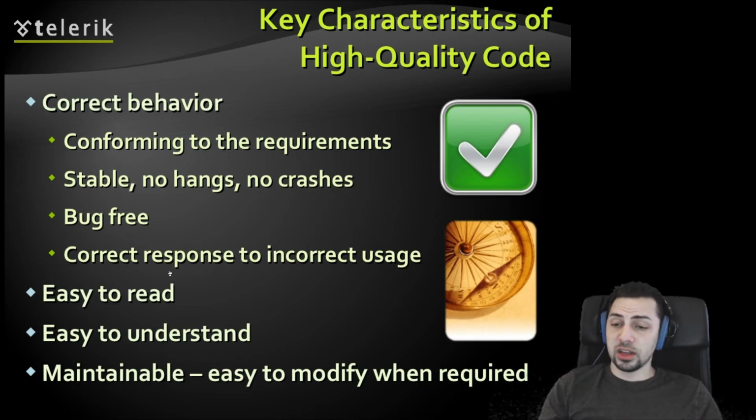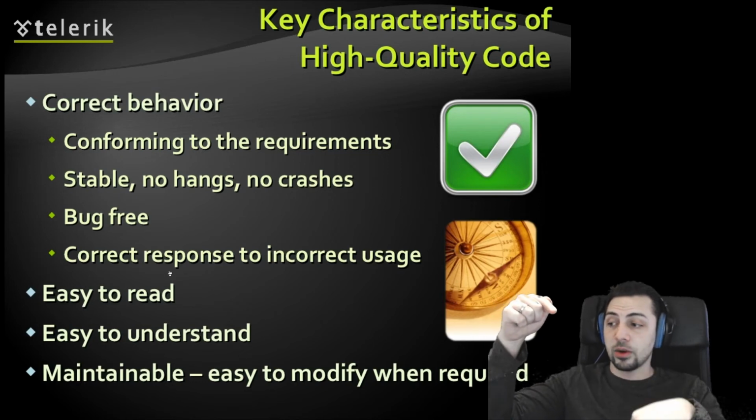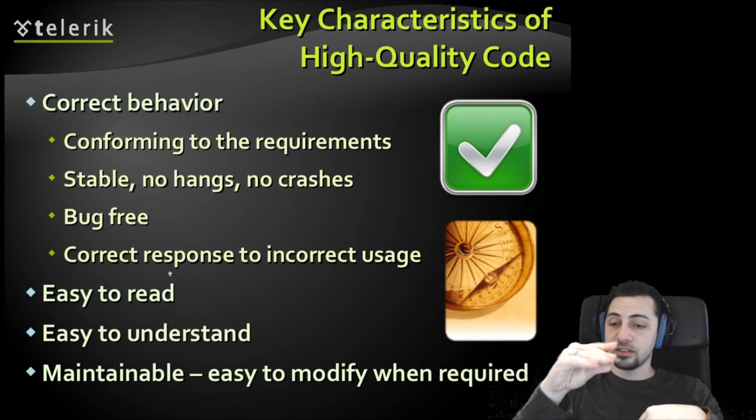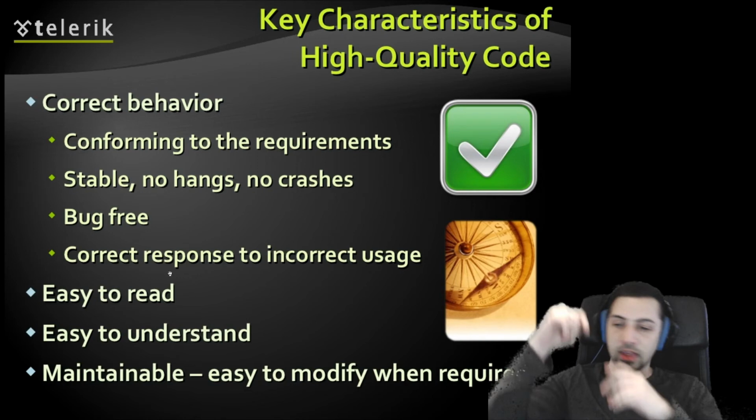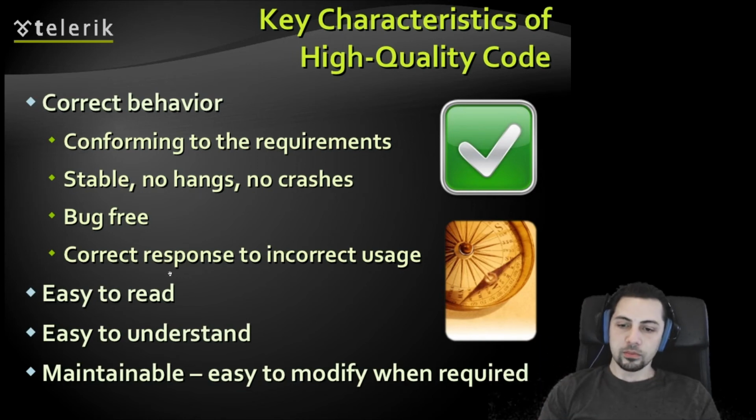So you can ensure that it's stable going in, stable going out. Even if something bad happens in the middle, you recover from it right there. And I've been pushing that all semester long, right? What's my favorite integer? In the chat. My favorite integer is testing the correct response to incorrect usage.